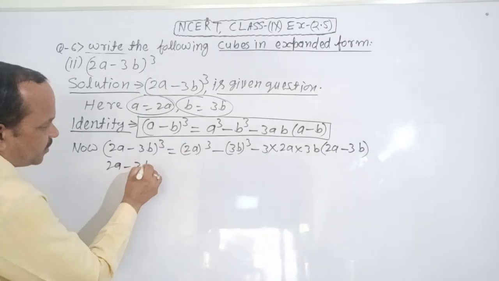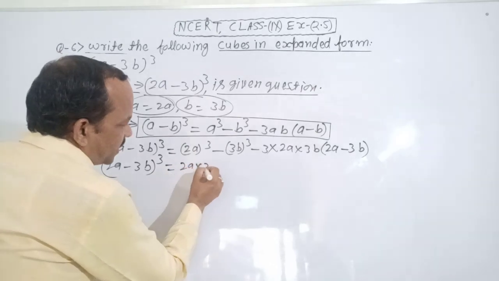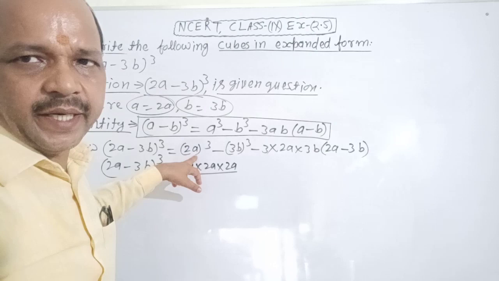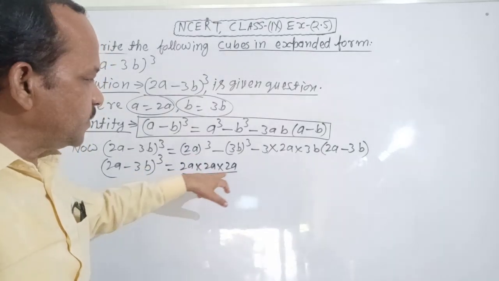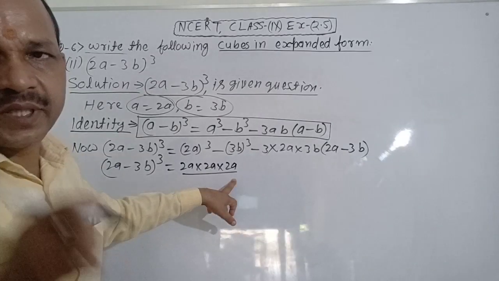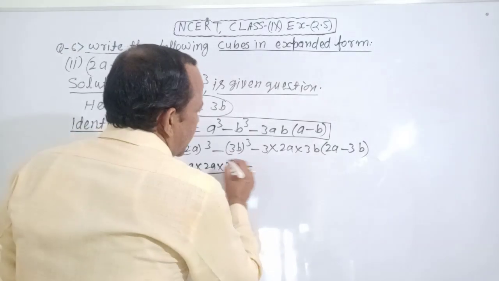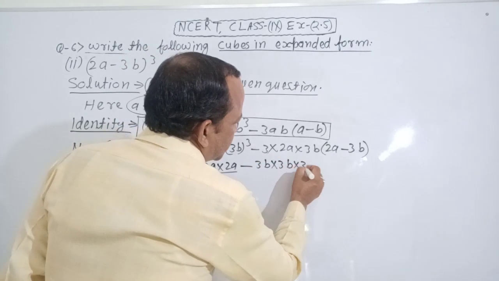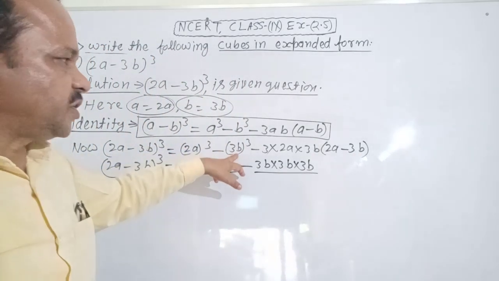(2a minus 3b) whole cube equals 2a multiply 2a, 3 times, because here (2a) whole cube. So you can write 2a multiply 3 times. Here minus 3b multiply 3 times, because here (3b) whole cube.